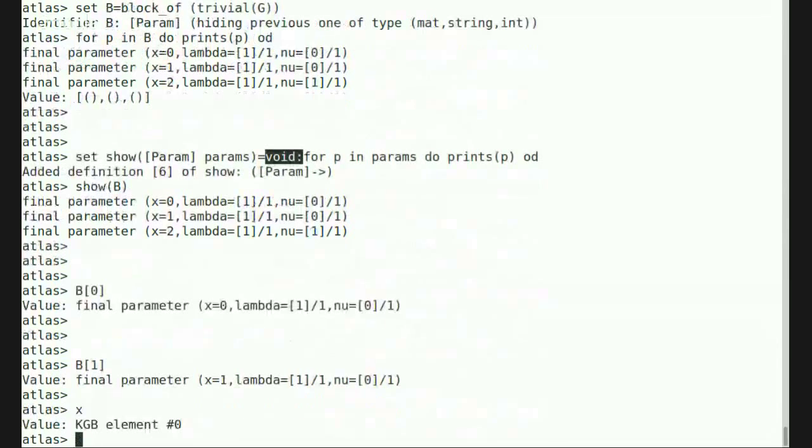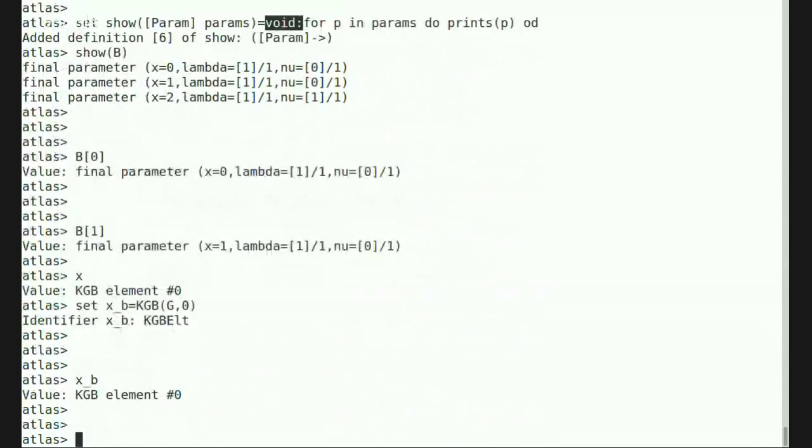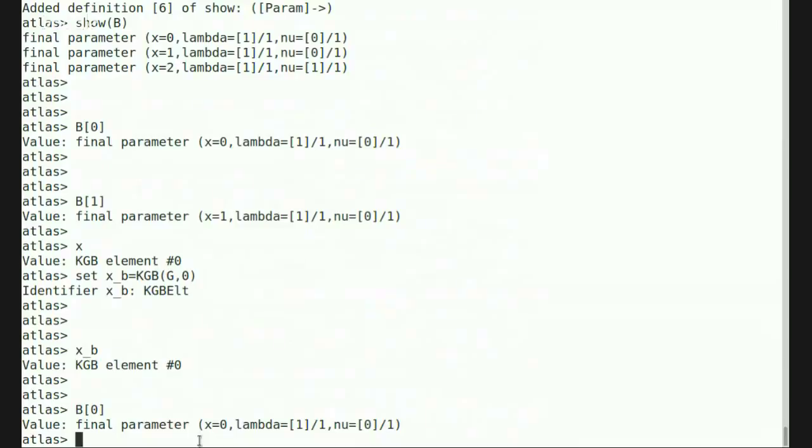And so I'm going to work, I've decided that I actually want to call it XB to indicate it's this fixed KGB element. So XB is KGB element 0. And I can ask for the Harish-Chandra parameter of, well, let me remind you, B bracket 0 is this parameter.